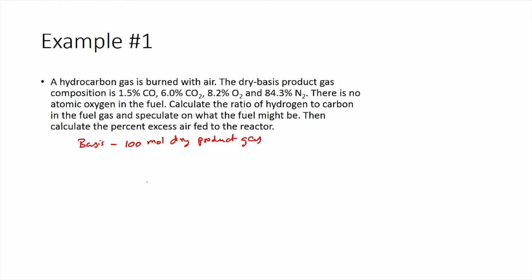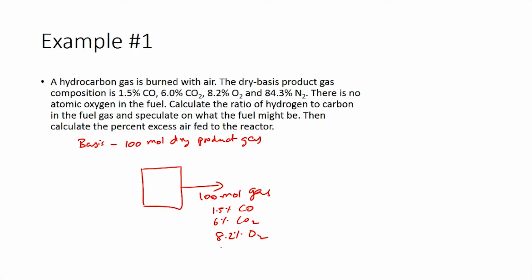So, the flow chart for this system can be written as you have a product stream which contains 100 moles of gas and this gas contains 1.5% carbon monoxide, 6% carbon dioxide, 8.2% oxygen and 84.3% nitrogen.